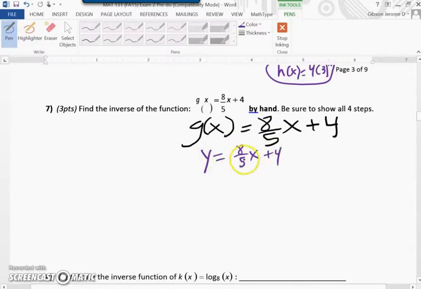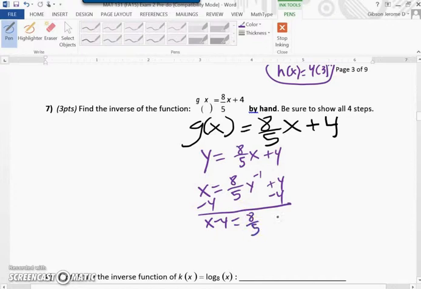And then I will exchange these two. So y would become x, and x would become y inverse. Now we just need to get the inverse by itself. So we will subtract 4 on both sides. x minus 4 is equal to 8/5 times the inverse of y. So we'll multiply each side by the reciprocal, which will be 5/8.